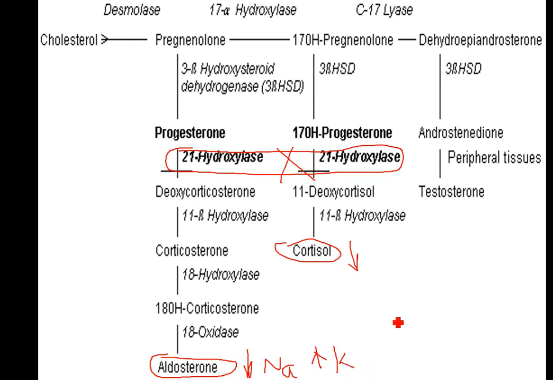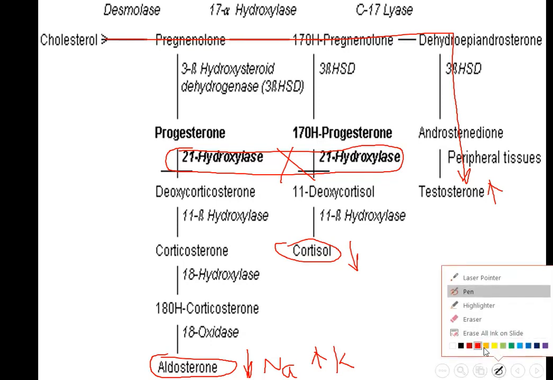The pathway will block and turn back to the formation of progesterone and 17-hydroxyprogesterone, and then it will lead to androstenedione, and with excess ACTH causes excess virilization.